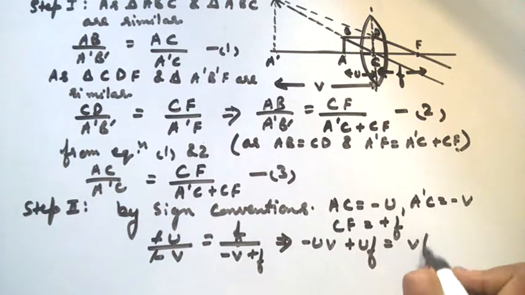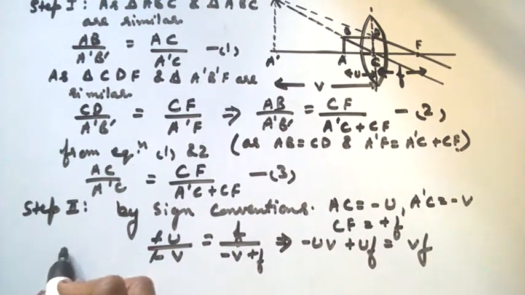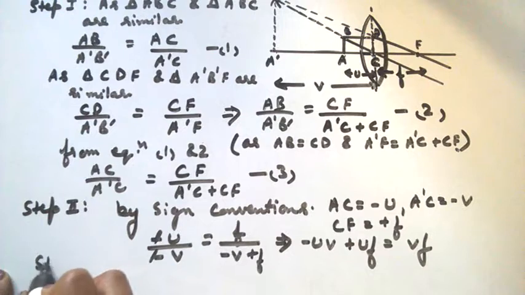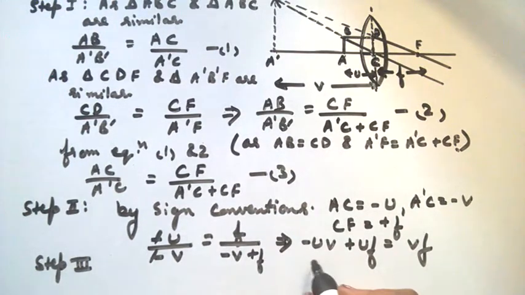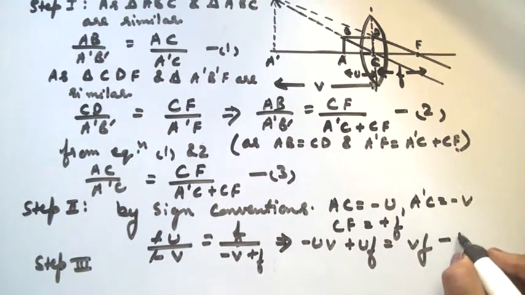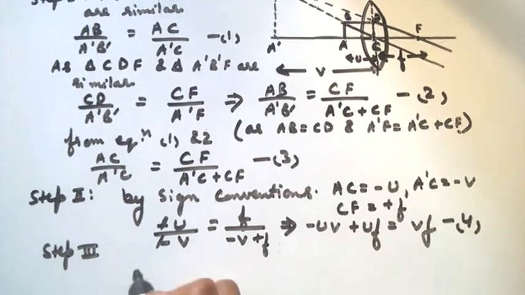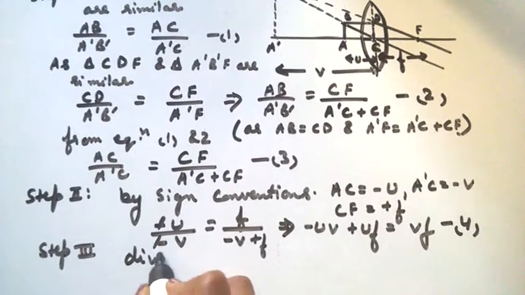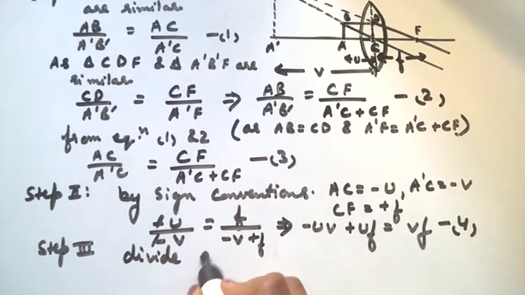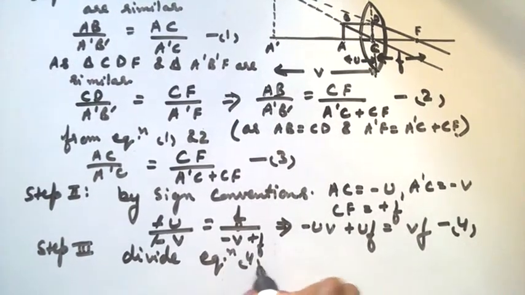Now the last step, that is step 3, is divide this equation number 4 by UVF. Divide equation 4 by UVF.